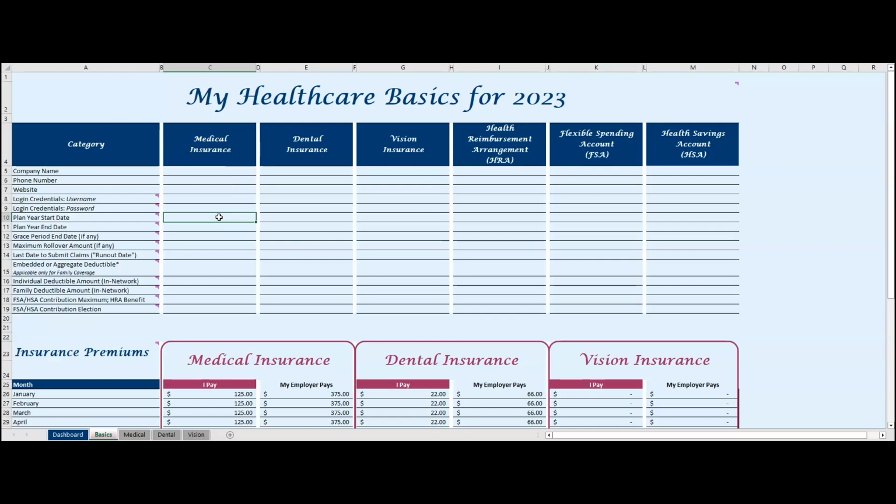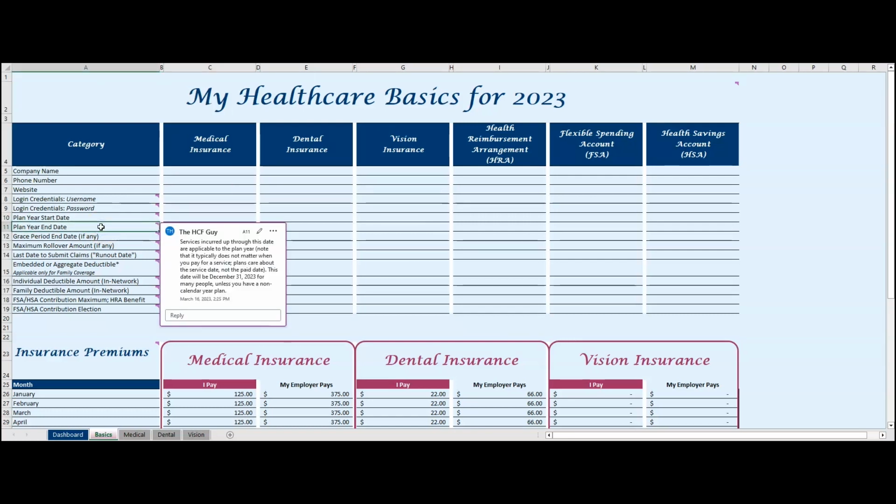And it's important because insurance companies and HRA, FSA, HSA companies care about the first date of the plan year so that they know when you go see a doctor which plan year to assign each expense to. Similarly, there's the plan year end date. A lot of times it will be December 31st, 2023. But again, if you don't have a calendar year plan, you'll want to check that with your employer.